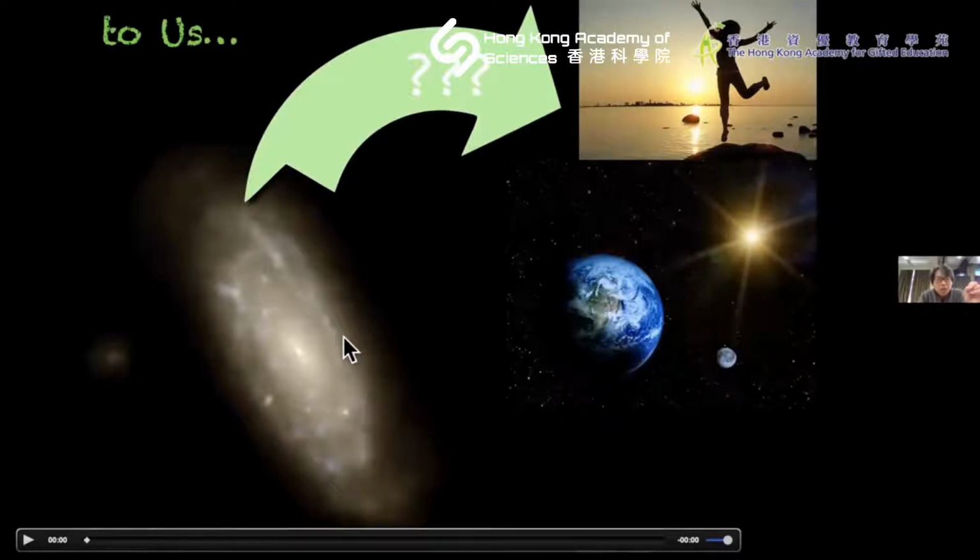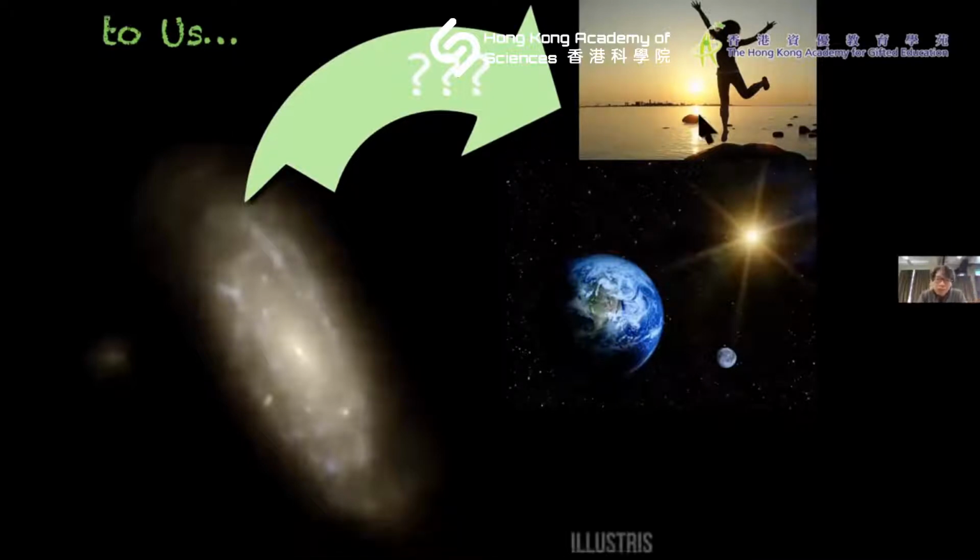We almost cannot create any further small structures which are comparable to observation. So in the rest of the talk, I focus on our effort to try to understand these smaller structures, from galaxy to individual cloud, to individual stars, to planet, and to us. But it's full of questions.